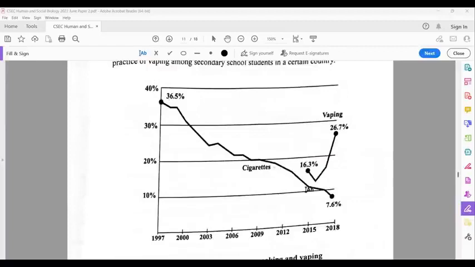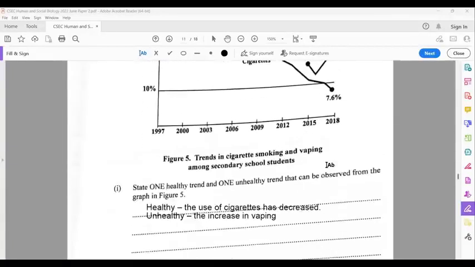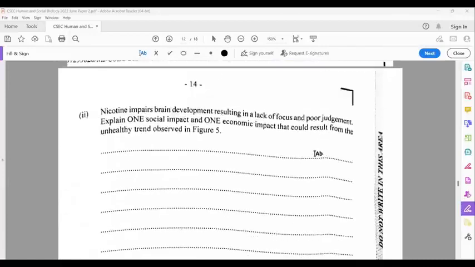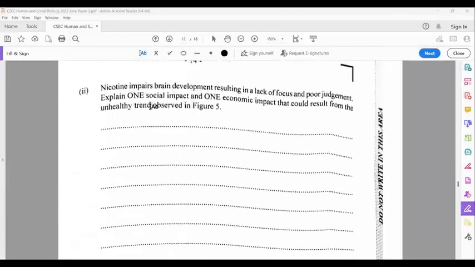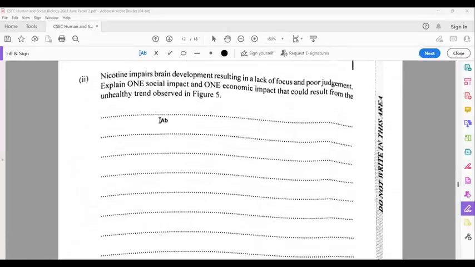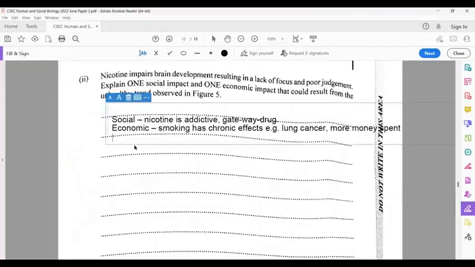Nicotine from cigarettes went down, but the nicotine from vaping went up. Explain one social. So a social talks about society, people, or people interaction, and economic talks about money. So you could class them and they give you quite a bit of space to write. 2 marks for each one because they ask you to explain.